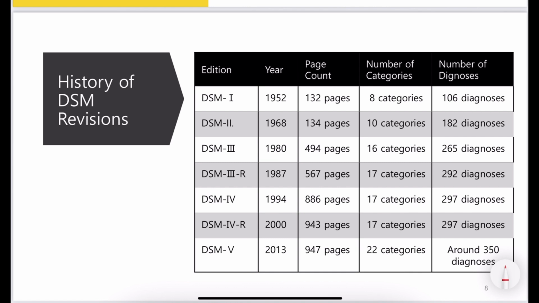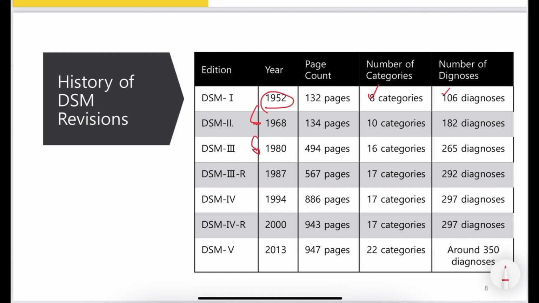The first edition of the DSM came out in 1952. At that time, it had only 8 categories and 106 diagnoses. Since then, it has been revised about every 10 years.